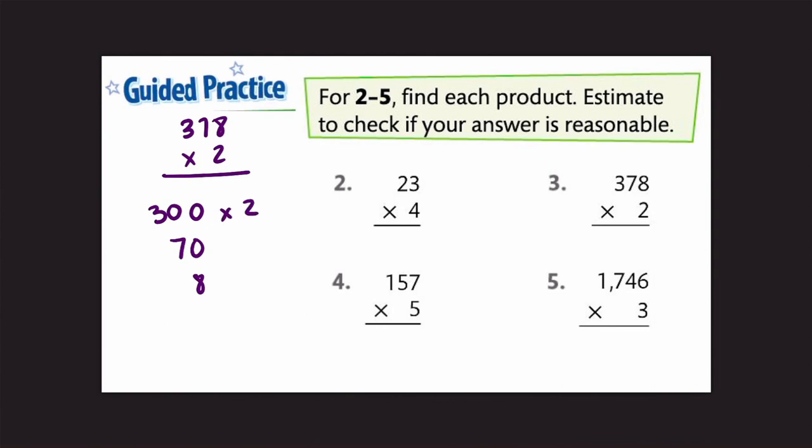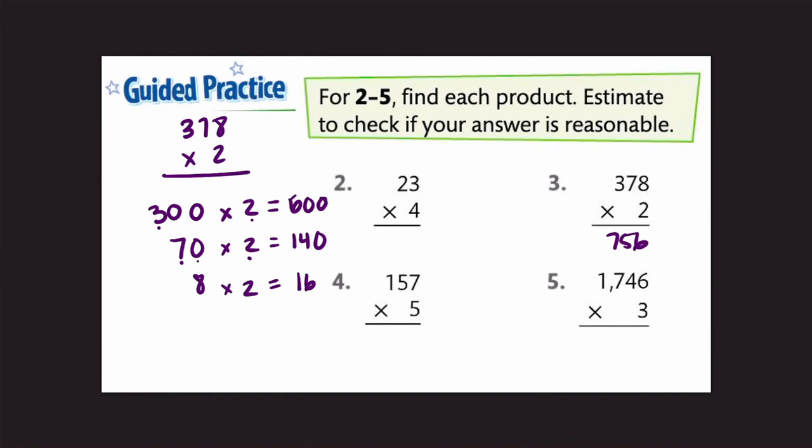So 300 times 2, 70 times 2, and 8 times 2. So I have 600 because 2 times 3 is 6, and then I have hundreds. 2 times 7 is 14 tens, and then 8 times 2 is 16.